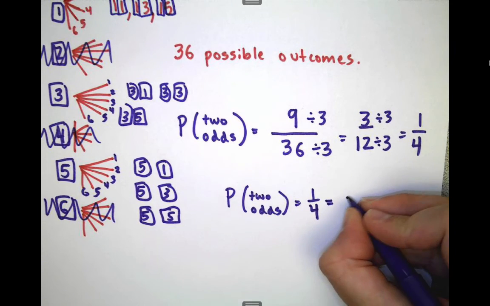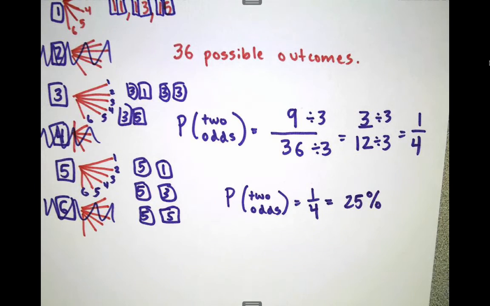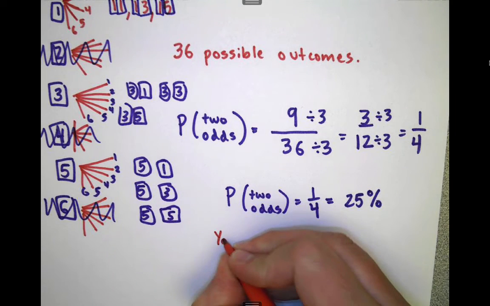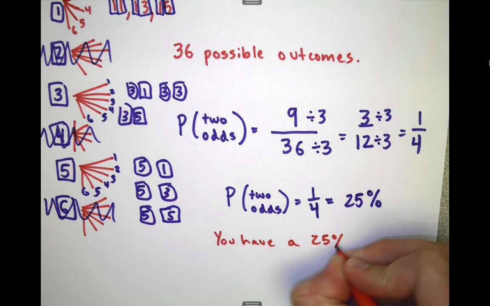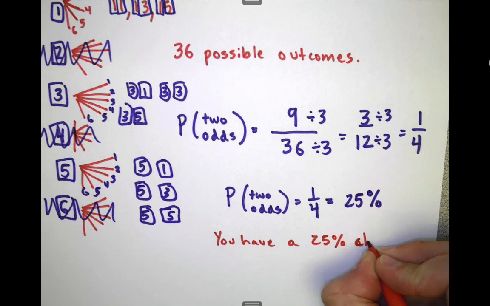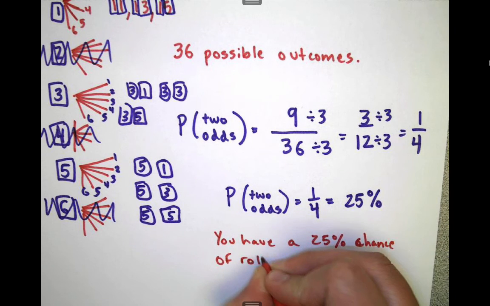That is 25%. Not as bad as I was picturing. So we're going to write, you have a 25% chance of rolling 2 odds.